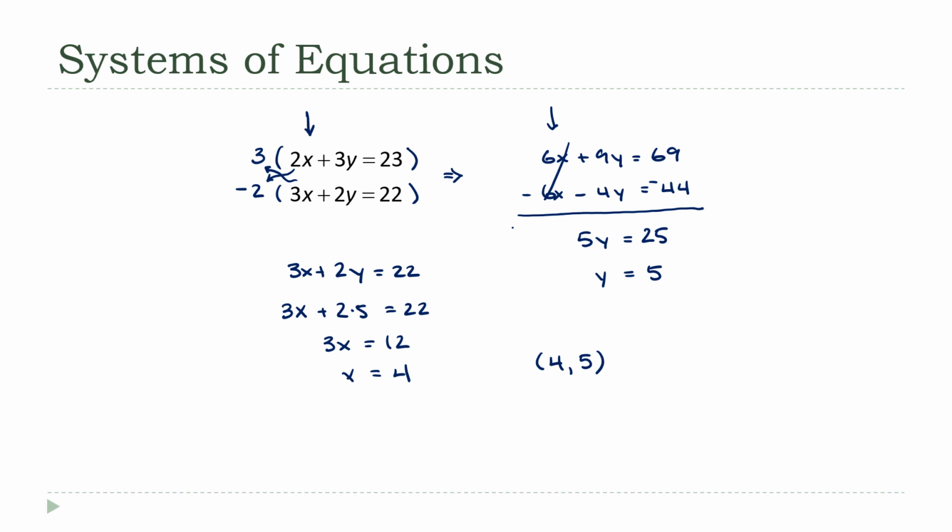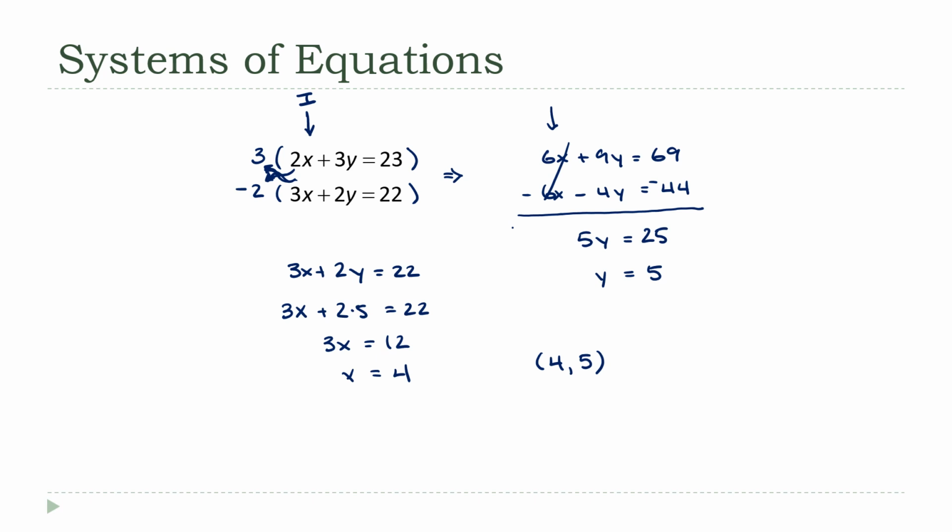Okay, so we really saw the process in all of its glory here. What we want to do is first pick a variable to eliminate. Right, so this was step 1. Then I'm going to do this switching the coefficients thing. I'm going to multiply the first equation by the coefficient of the second, and the second equation by the coefficient of the first.